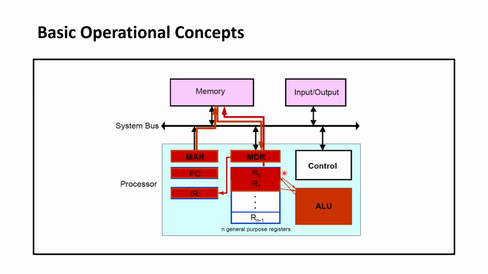If the instruction involves data from memory, the MAR and MDR work again to fetch the data. If it is an arithmetic or logic operation, the data is sent to the arithmetic and logic unit where the operation is performed. Results are stored in general purpose registers such as R0, R1 and so on, or written back to the memory if needed.